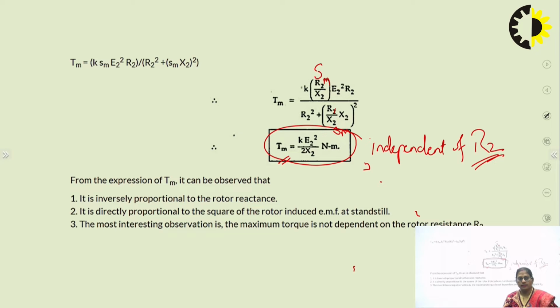There are different factors. The rotor reactance decides it. The induced EMF in the standstill condition decides it. The Ns, that means the synchronous speed of the induction motor, decides it. But the rotor resistance doesn't decide the maximum torque produced by the induction motor.